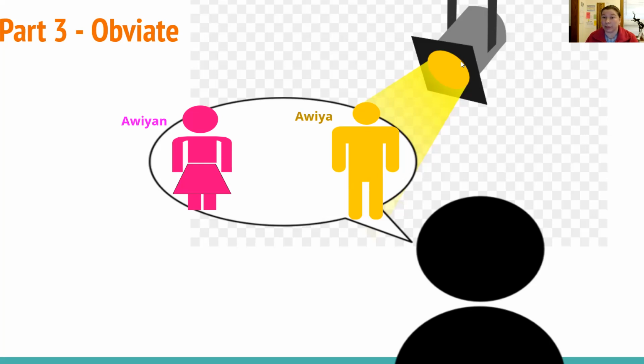And if we wanted to change who we were highlighting, we could just move this little light over and spotlight this person. They would become Awia, and this person would become Awian. And it's really amazing, and fluent people obviously can just go back and forth, and it's so incredible. Learners, it takes us a little while to get comfortable with it, but you definitely can, and we're going to talk about it today.